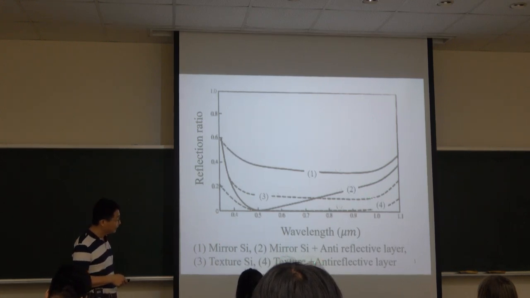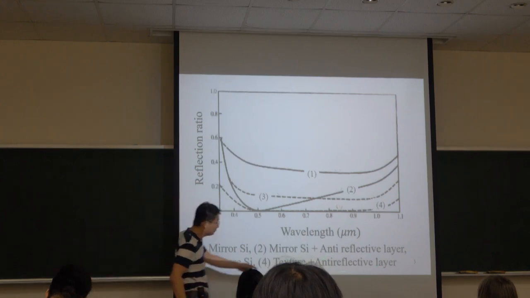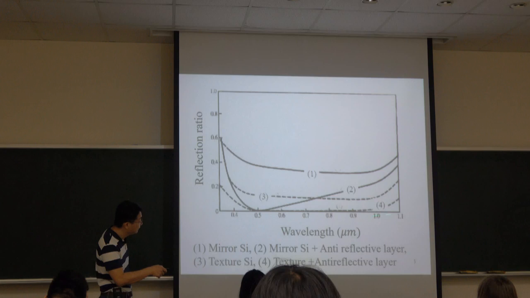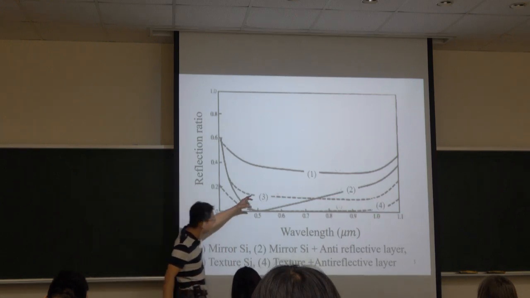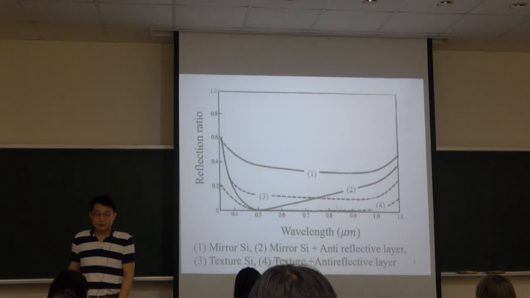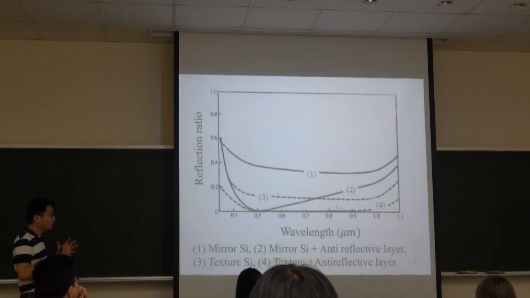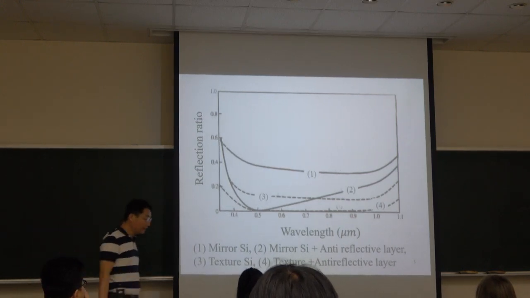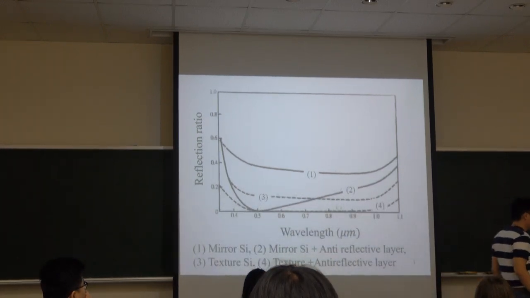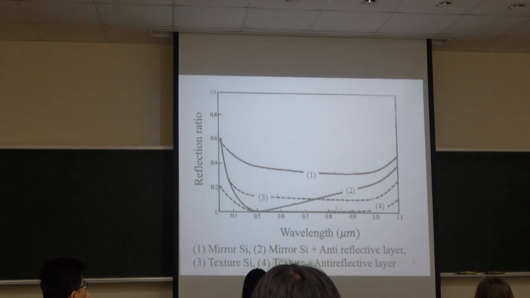But when we deposit the anti-reflection layer on the tetra surface, the reflectance is quite low, and this spectrum is reduced. So this is what we have to apply. According to this kind of design, we can optimize and increase the conversion efficiency of the solar cell.